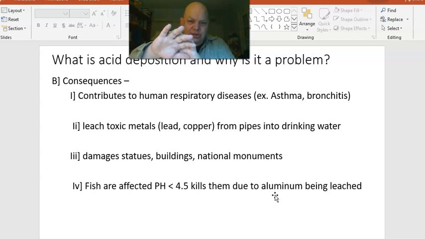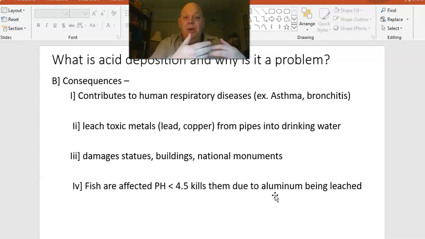It comes in contact with the surface. It takes away some of the lead ions, some of the copper ions. It goes into the ground and then it affects the drinking water. That's a problem, yo. So it damages statues, buildings, and national monuments.